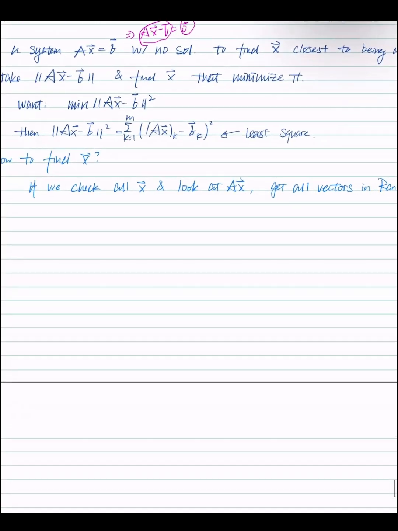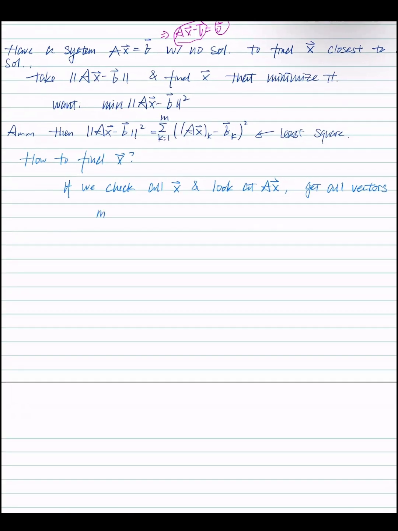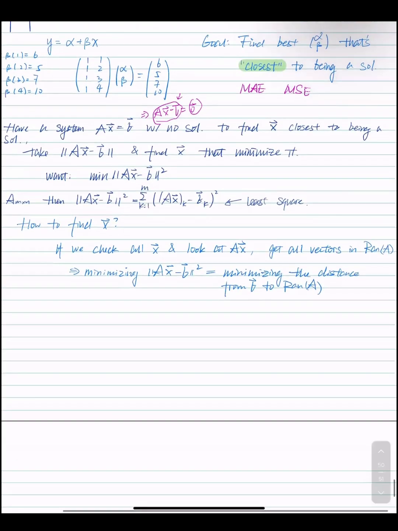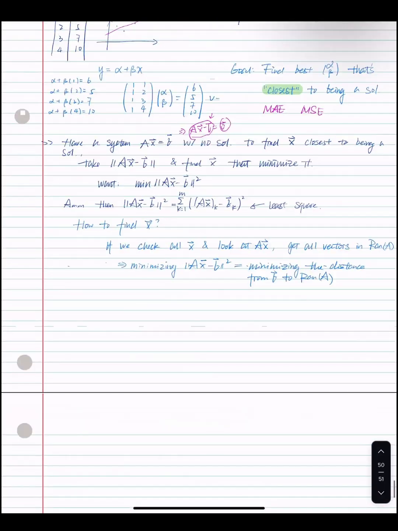Therefore, minimizing the norm of Ax minus b squared is the same thing as minimizing the distance between b and the image of A. And to find the closest point, we know orthogonal projection is a way to find the closest point of a subspace to a given vector.